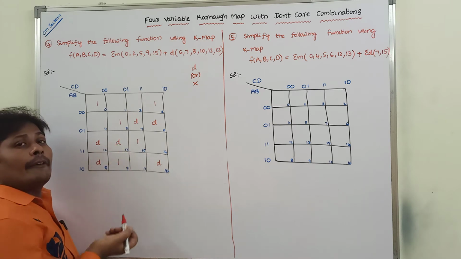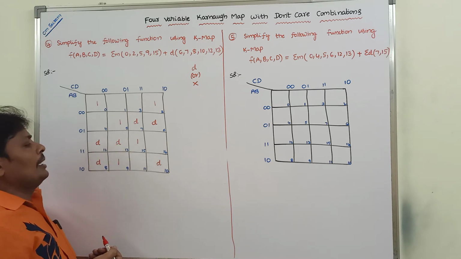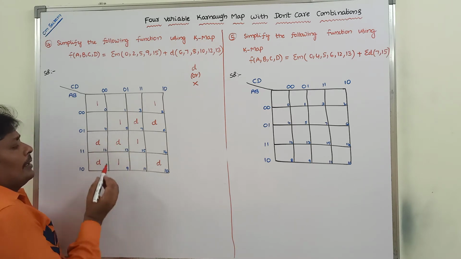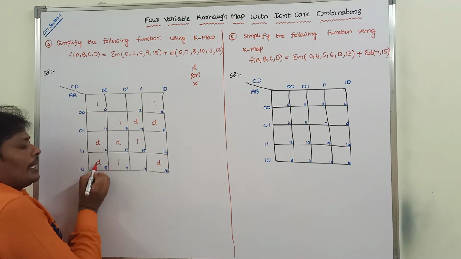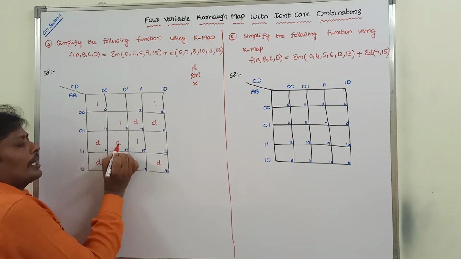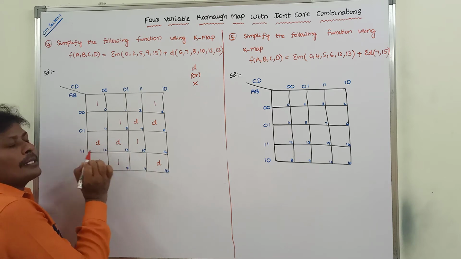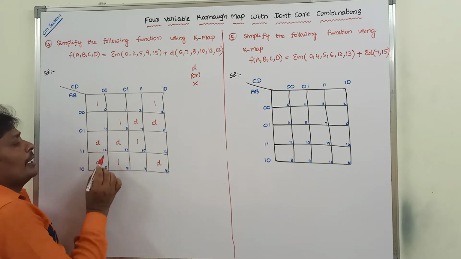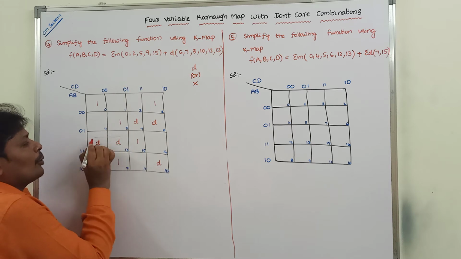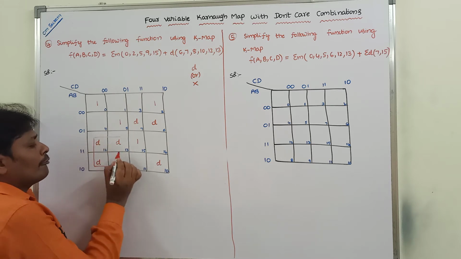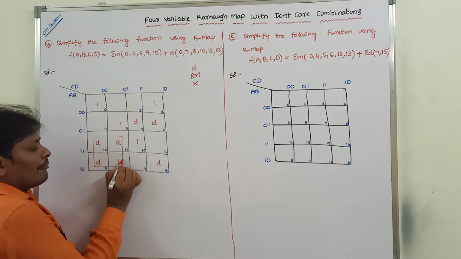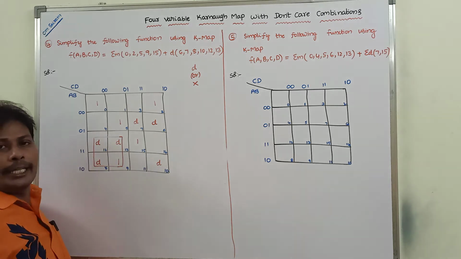Next priority is given to quad. Yes, quad we are getting. Here 1 is there, here don't care, here don't care, here don't care is there. A combination of ones and don't cares. So these 3 don't cares and 1 can be formed as a quad.